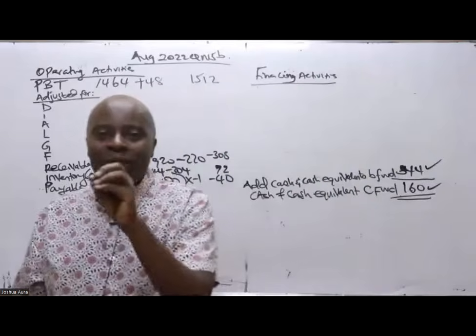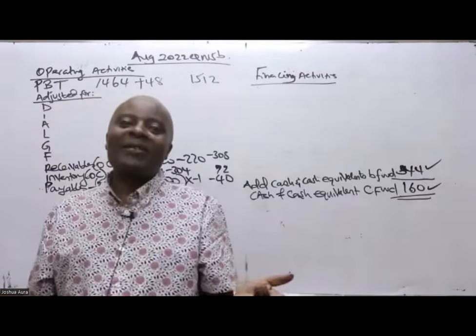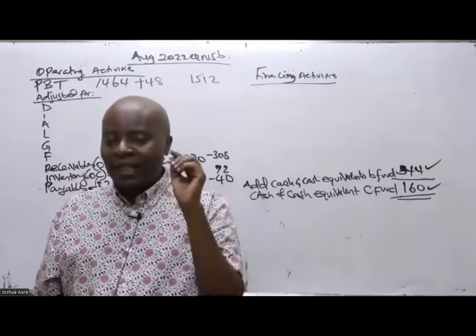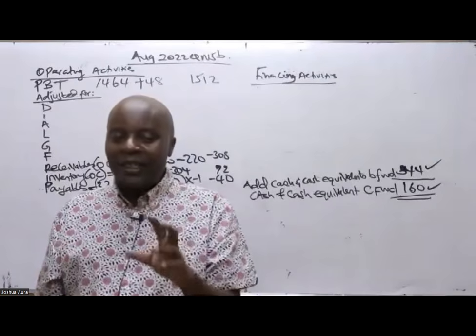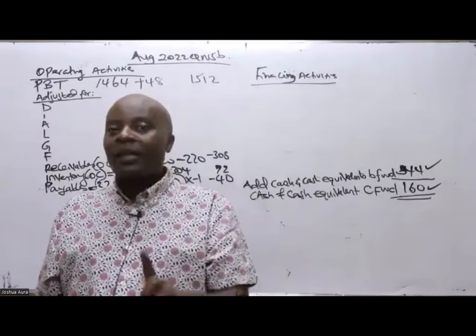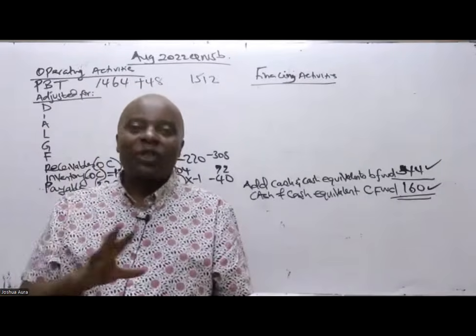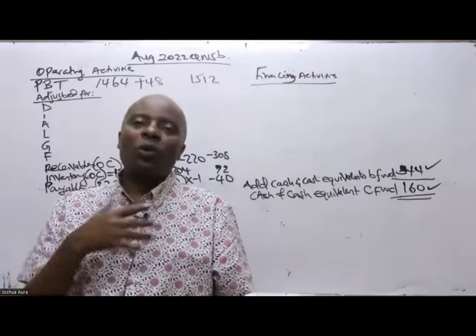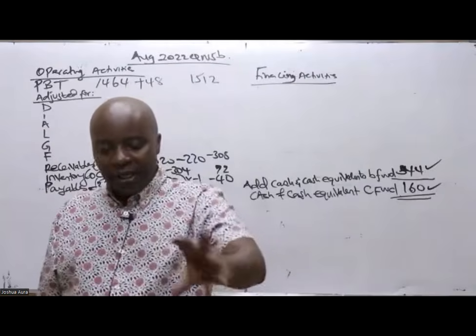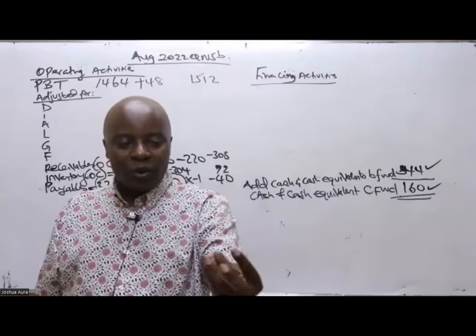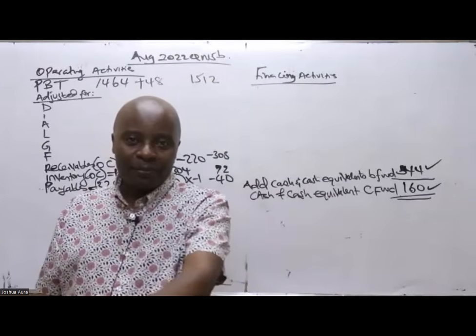The one that was disposed, its figure of payables, you subtract. There is a time they gave us a question that had a subsidiary acquired in the same year and another subsidiary disposed, and so many students got lost, because to me these are very simple things. This thing was acquired, it has this payable, so if it's an acquisition payable, I add. If it's a disposal payable, I subtract.